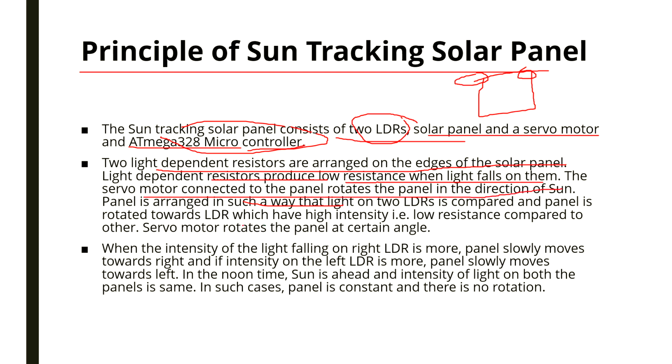Based upon the light's energy it starts rotating. The panel is arranged in such a way that the light on the two LDRs is compared, and the panel is rotated towards the LDR which has very high light intensity and low resistance compared to the other. These things play an important role in the placement of the resistors as well as the servo motor.